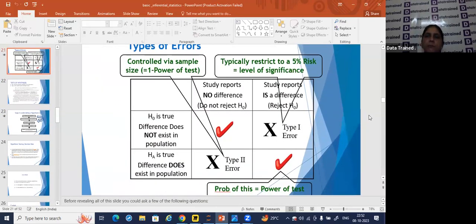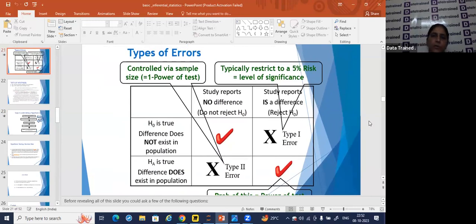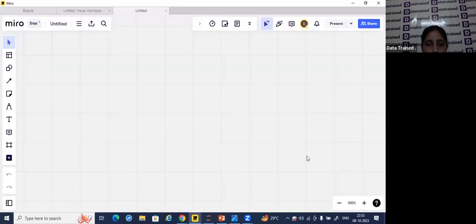Now let's understand the power of test. This one is the power of test, basically. We can call it technically a confusion matrix also. So let's understand what this actually is, how we can understand it, because all this relates to machine learning now.